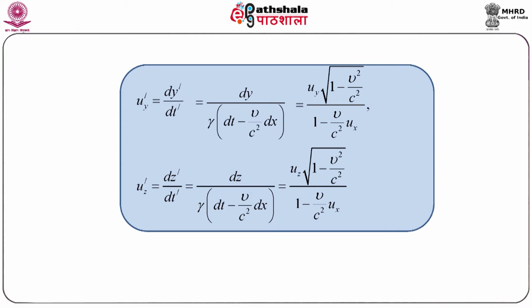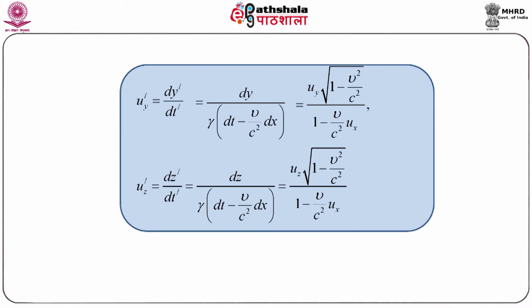dy/dt is u_y. 1 divided by gamma is this expression. dx/dt is u_x. We have divided this expression by dt, so this becomes 1.